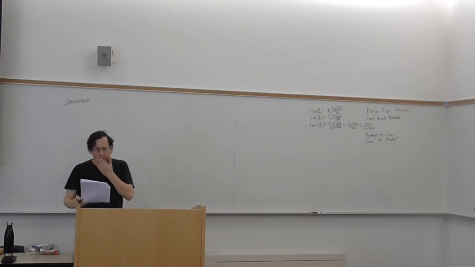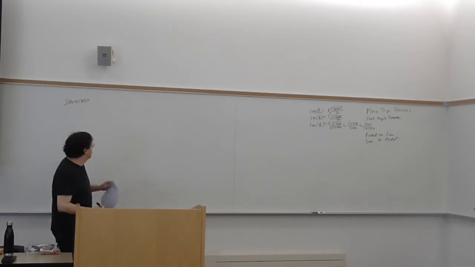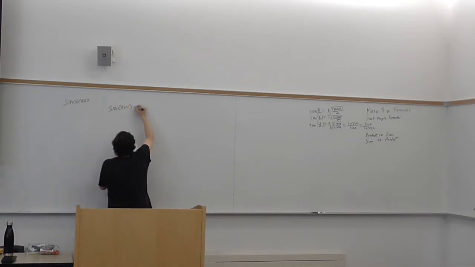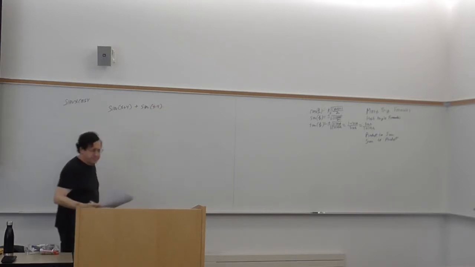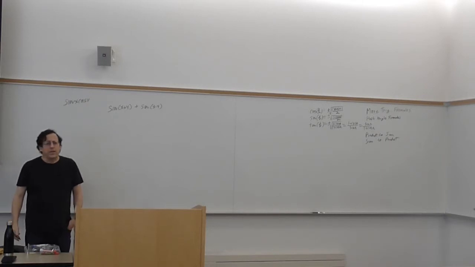We'd like something in terms of some kind of sum of sines and cosines. We find this by taking this expression, sine of x plus y, and adding it to sine of x minus y. Okay, how is that going to help us?